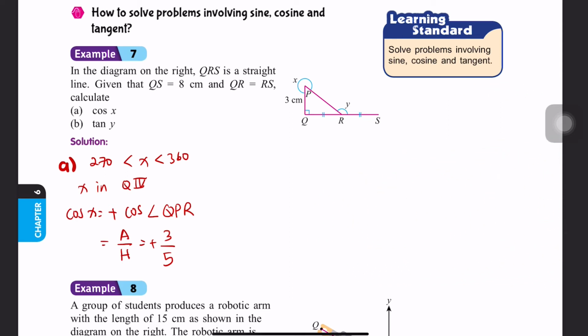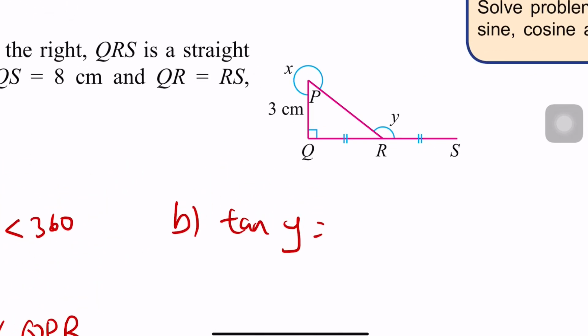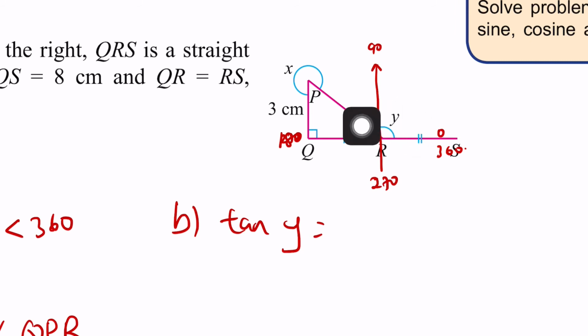Okay, now B. Tangent Y. Sama juga. Y ni memang dah 90 darjah kan, garis lurus. So saya just tambah macam ni. So this is 0, 90, 180, 270, 360. Now Y pop terkeluar sikit.